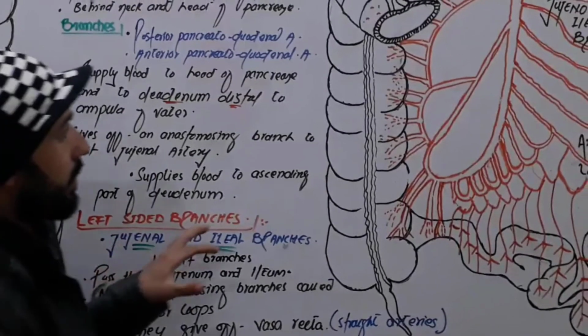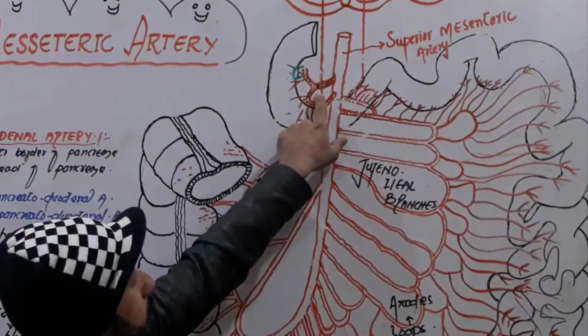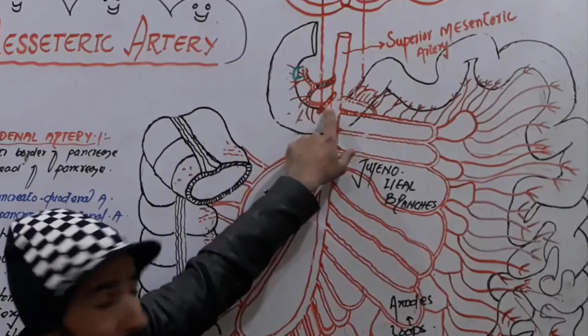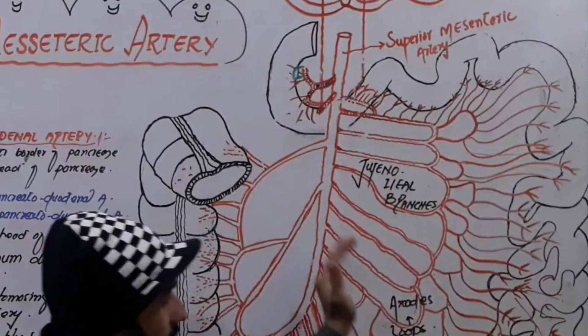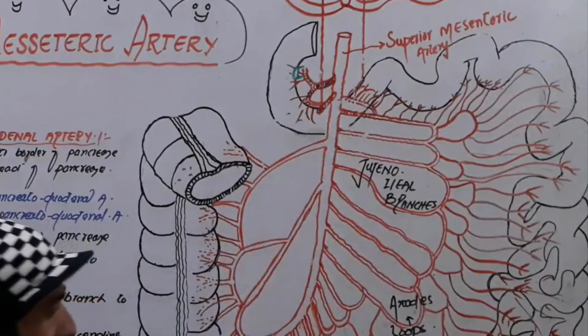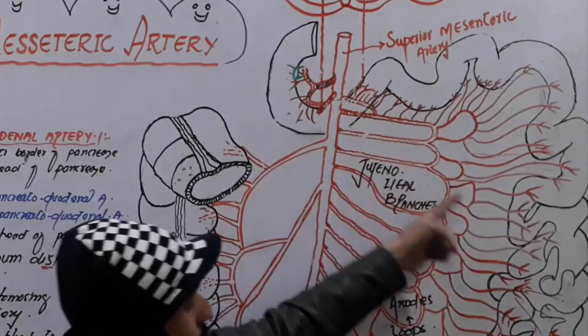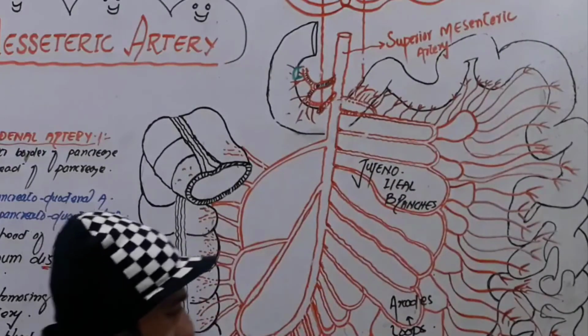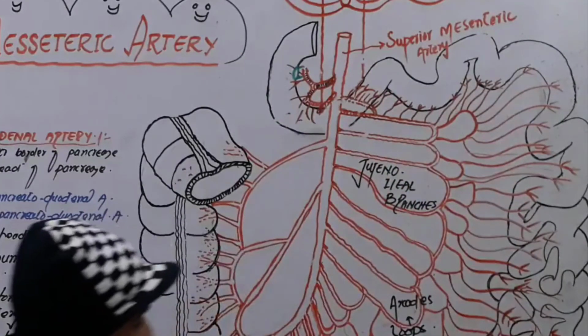Let's repeat it again. There is the common pancreato-duodenal artery. Then there is the middle colic artery. Then on the left side, there are about 12 to 17 branches, and these branches are called the jejuno-ileal branches, because they are moving towards the jejunum and ileum.